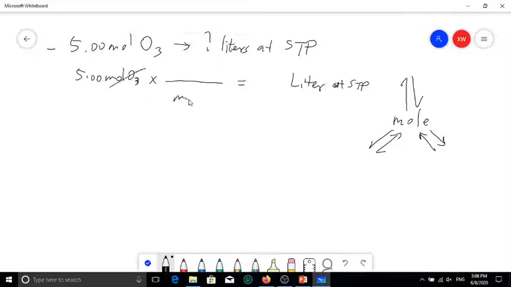Mole of O3 goes down here to be cancelled, and liter will be on top. So this will be 1 mole is 22.414 liters. It's independent from the chemical composition of the gas itself. So you basically multiply the number 5 by 22.414.